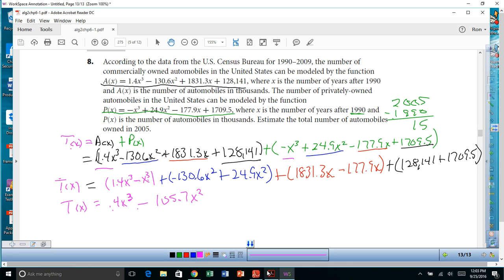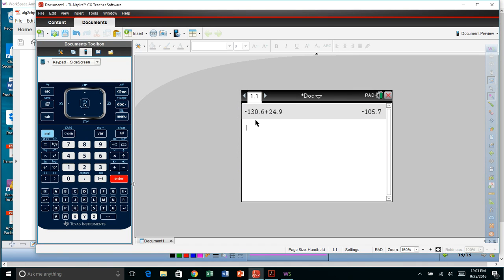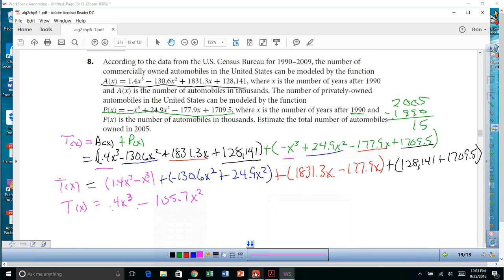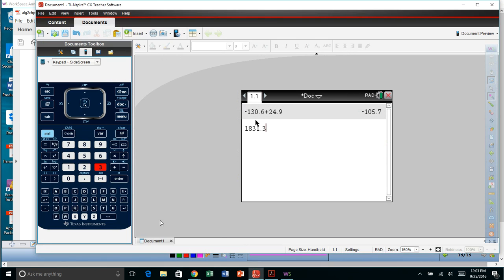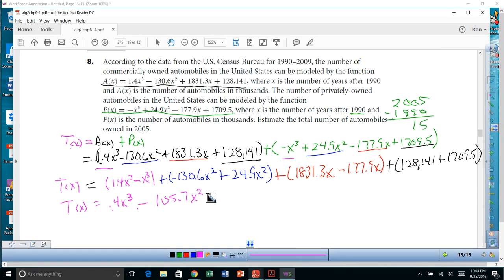And then 1831.3 minus 177.9. We get 1653.4. So plus 1653.4 x. And then we got to add those two right there.